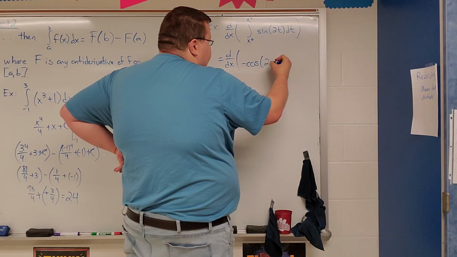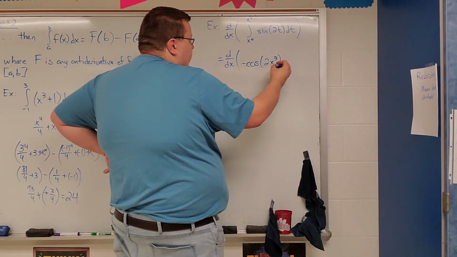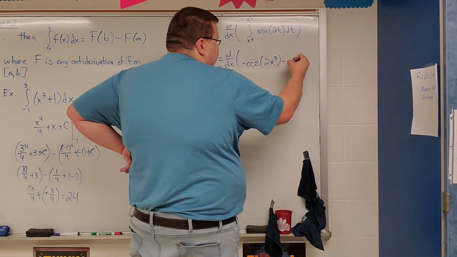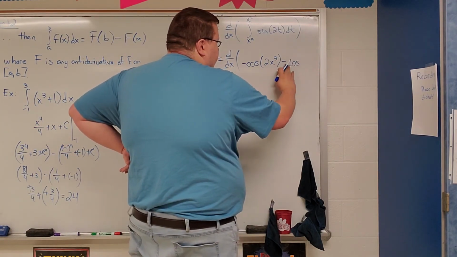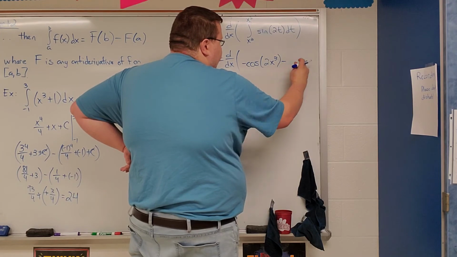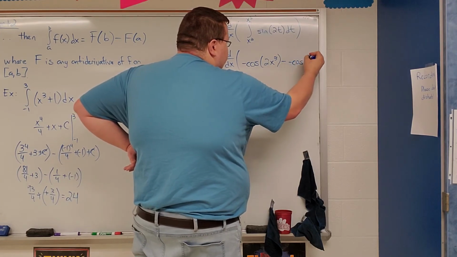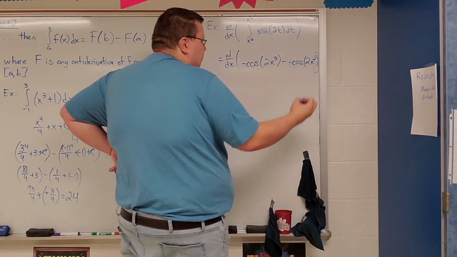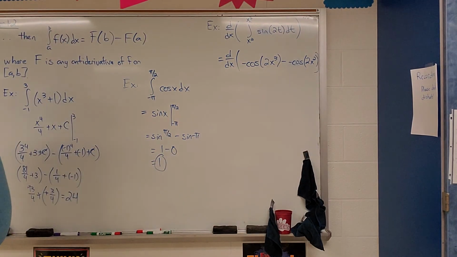So we're going to plug in x cubed, and we're going to subtract negative cosine of 2x squared. Sorry, ran out of room there with my parentheses.